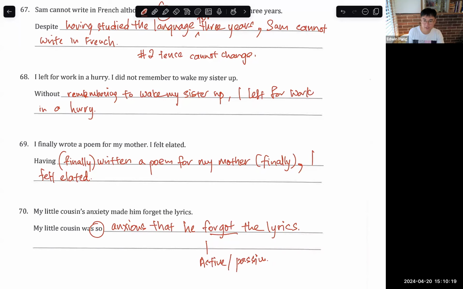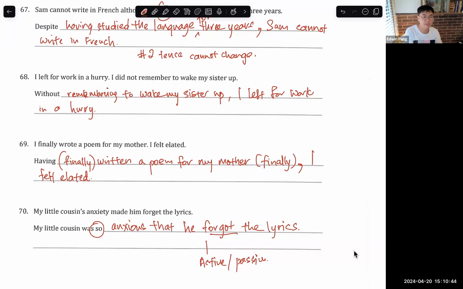So anxious that he forgot the lyrics. Okay, Clarice, my little cousin was so anxious that it made him, again, I answered that. Despite studying it for, no, cannot. Despite studying it for 3 years, why do you put it there, Clarice? You cannot put it because there's nothing repeated. It's either the language or French. There's no repetition. Do you get it, Clarice? If it's despite studying the language, he cannot write in the language.